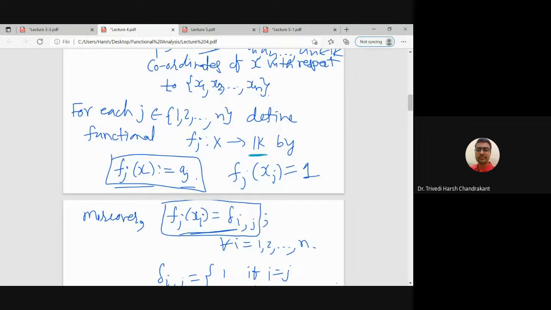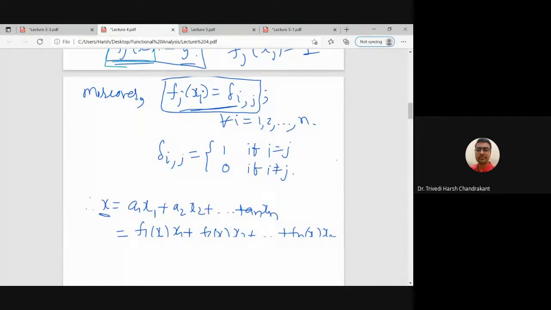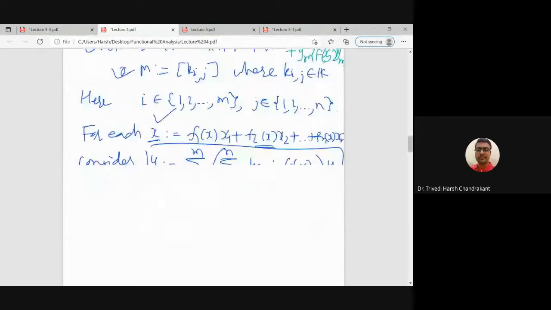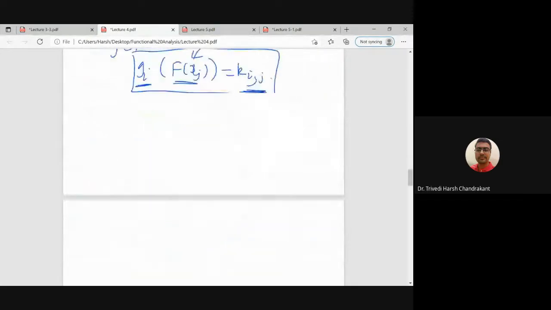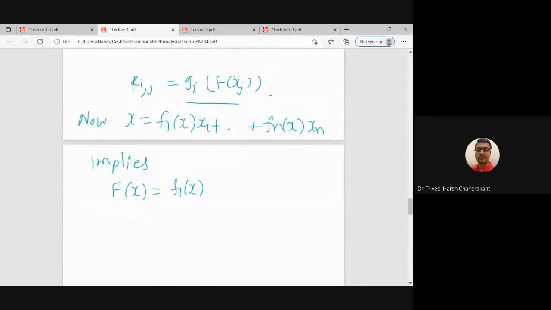It takes values in real or complex numbers, so each fj(x) is a fixed scalar. When we apply the linear transformation, the scalar comes outside.